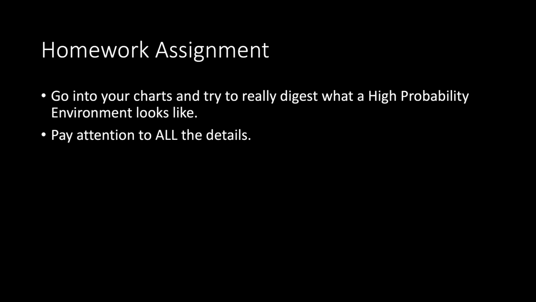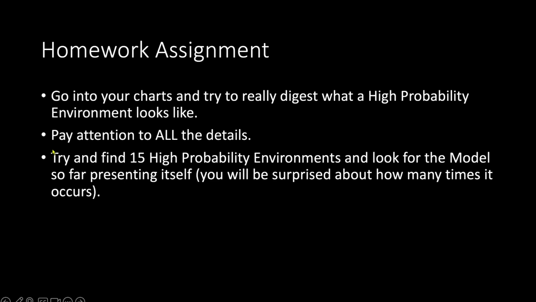Is the economic calendar supporting that the market should draw towards a specific price level? And then go into the lower time frames to see if intermarket relationship is confirming that a specific session can be deemed as high probability. I want you to try and find 15 high probability environments and look for the model so far presenting itself. You will probably be surprised about how many times it occurs.